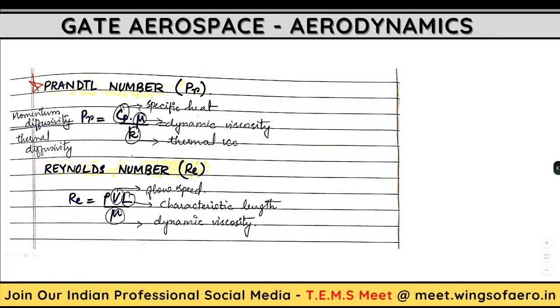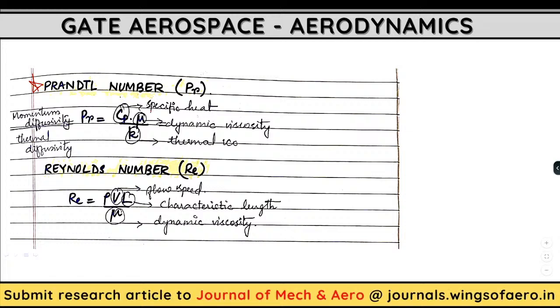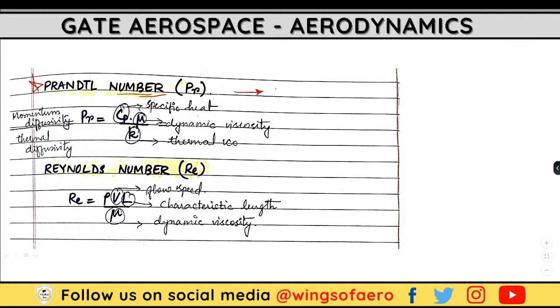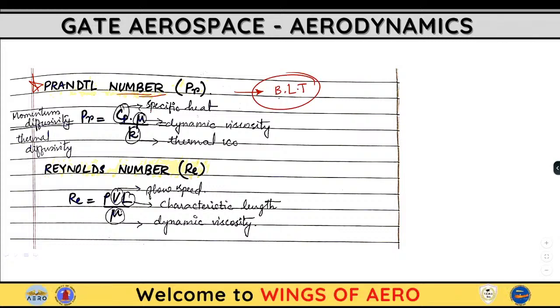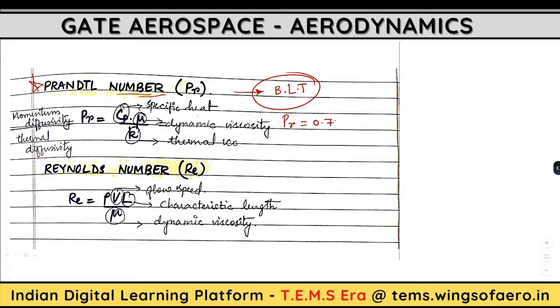We will look into this factor when we go for boundary layer theory. There it also plays a very important role. Remember, the Prandtl number of air is always 0.71.